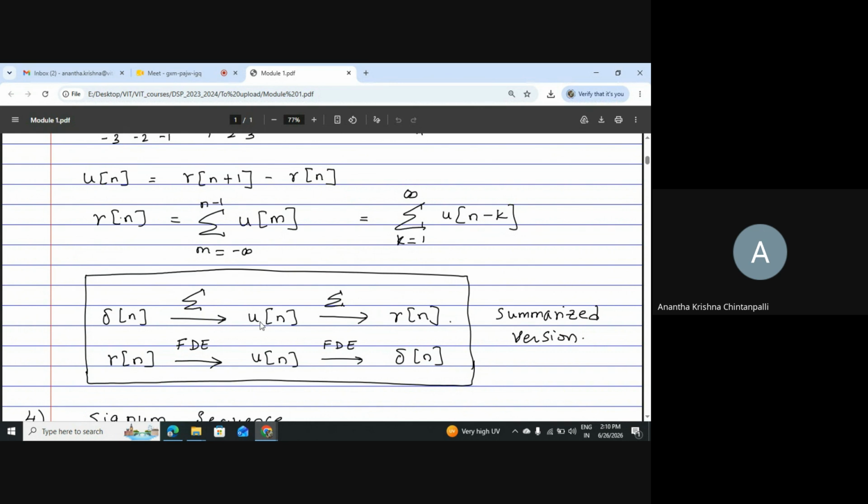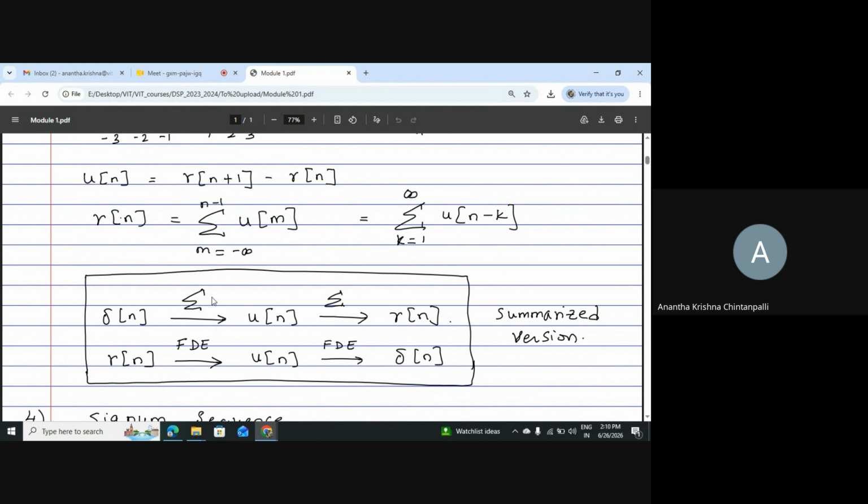So to summarize, what we have done so far is that u of n you can get from r of n through a running sum. Running sum of delta of n would give you u of n. Running sum of u of n would give you r of n. But notice that the upper bound here is n minus 1 for r of n with respect to u of n, whereas for this one the upper bound is n, which is there in the notes.